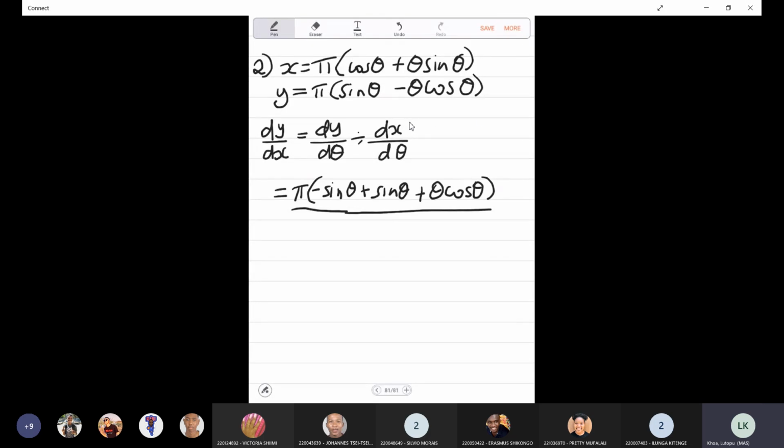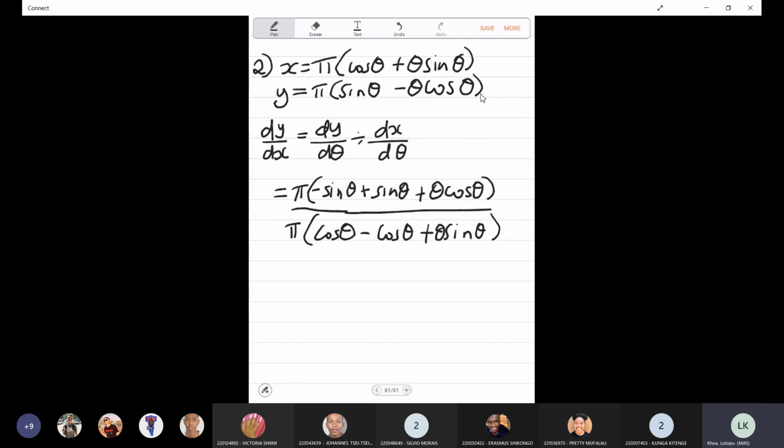So dx/dθ, this is pi, and then derivative of sin theta is cos theta, then the derivative of minus theta sin theta, that is minus cos theta minus theta negative sin theta, which is positive sin theta.